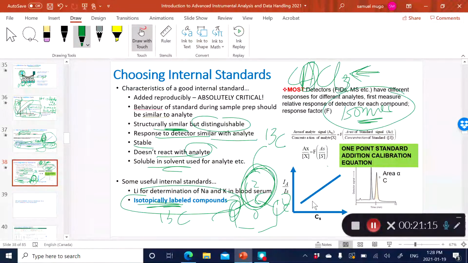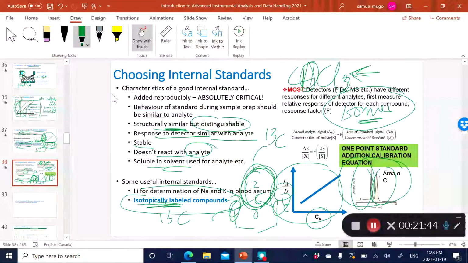And again, as I've shown you, the y-axis would be the signal of the internal standard divided by the signal of the regular standard. And the x-axis is just simply the concentration of the standards. And this chromatogram shows you something very important, that the internal standard here should be distinguishable from your other standard, which is the analyte in that case.